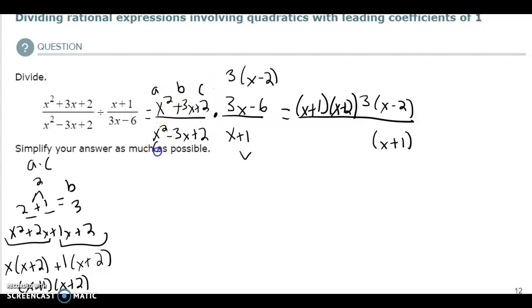Now I need to do this AC method. So my A times C is 2, but this time I need it to add to my B of -3. So it's going to be -2 and -1.